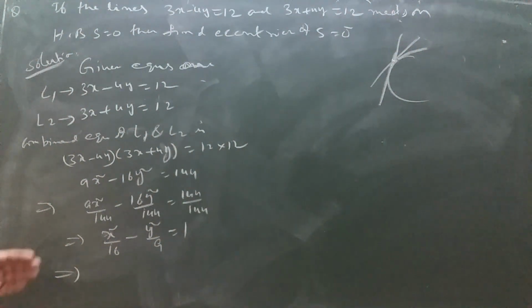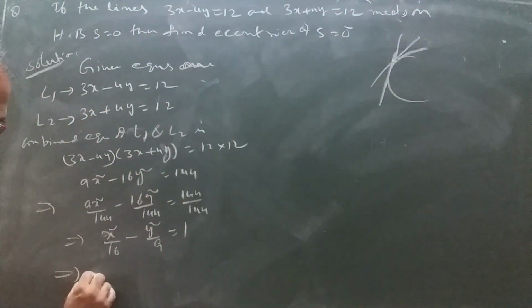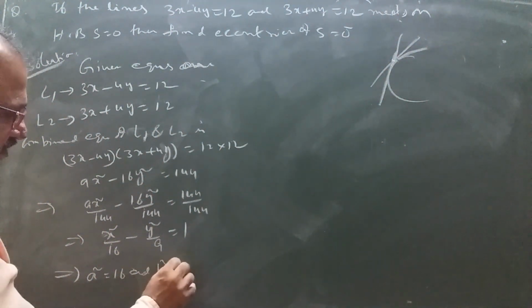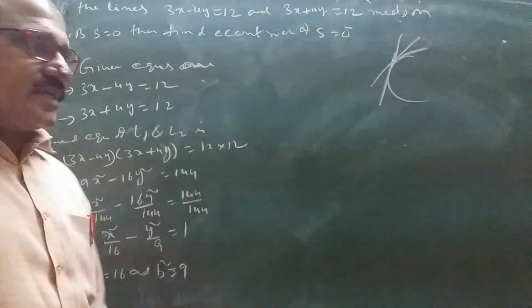By comparing with x square by a square minus y square by b square is equal to 1, a square is equal to 16 and b square is equal to 9. We have to find the eccentricity.